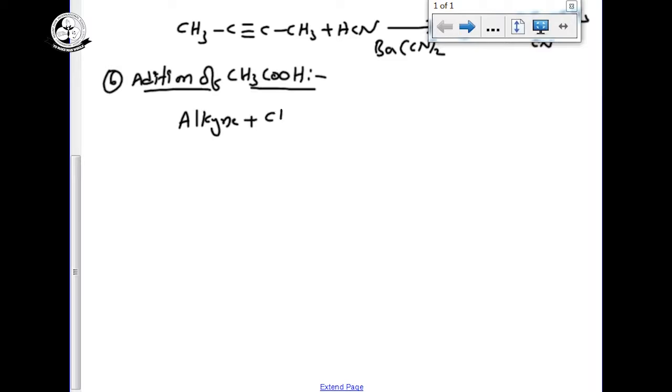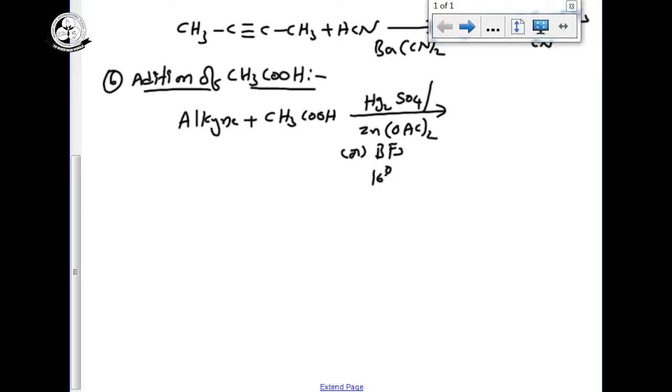I am going to add acetic acid in presence of mercuric sulfate, or we can use zinc acetate, Zn(OAc)2, or you can use BF3, at 160 degrees Celsius temperature.